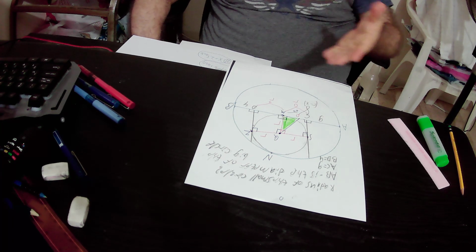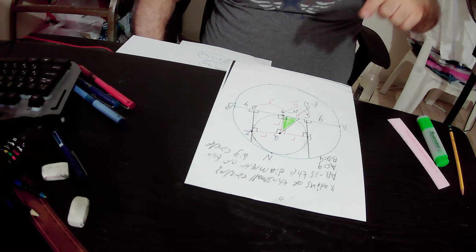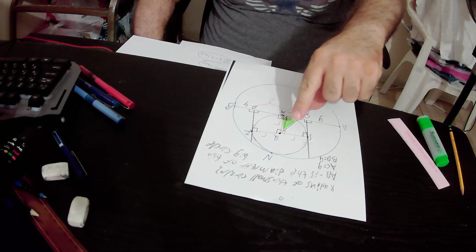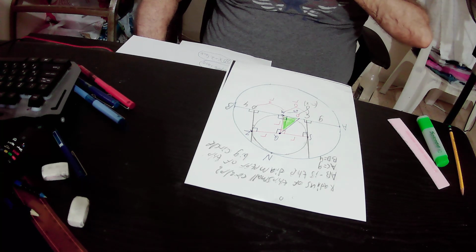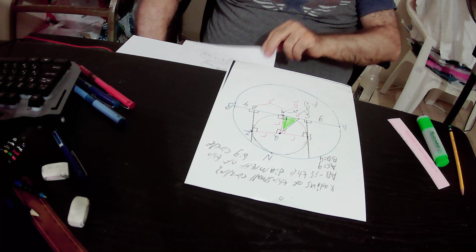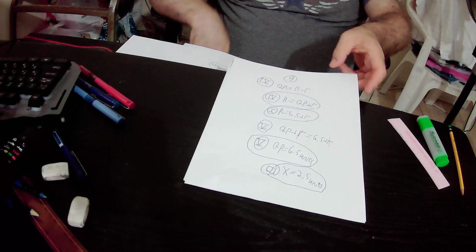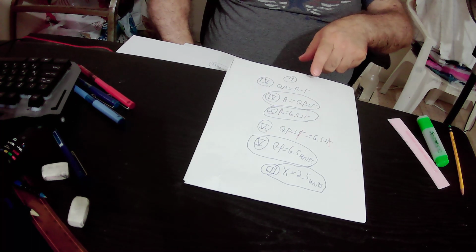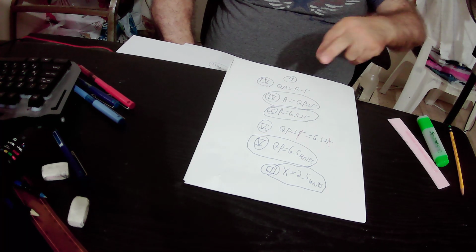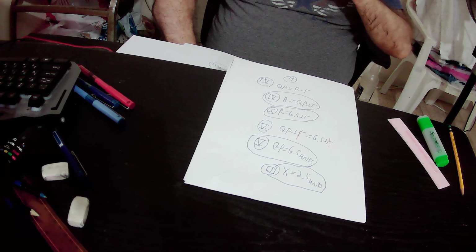Therefore we can implement rule number 5, which states that in this situation the distance between the centers of the circles, that is to say QP, equals the difference between their radiuses. QP equals capital R minus small r. We have already found that capital R equals 6.5 plus small r.